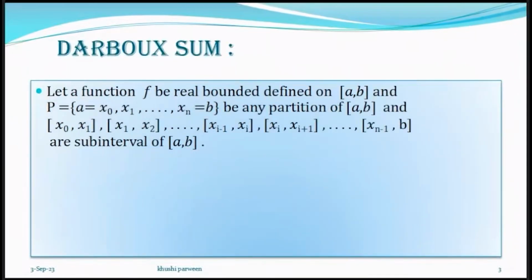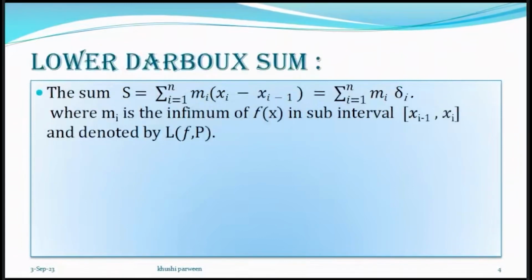Darboux sums, which are the upper Darboux sum and the lower Darboux sum. For defining, we start with: let a function f be a real bounded function defined on the closed interval [a, b] and P be a partition of [a, b], with [x0, x1], [x1, x2], ..., [xi-1, xi], ..., [xn-1, b] the subintervals of [a, b].